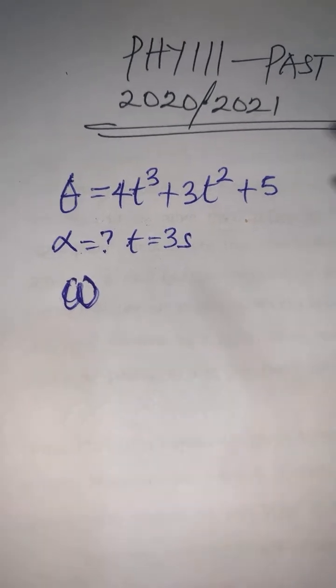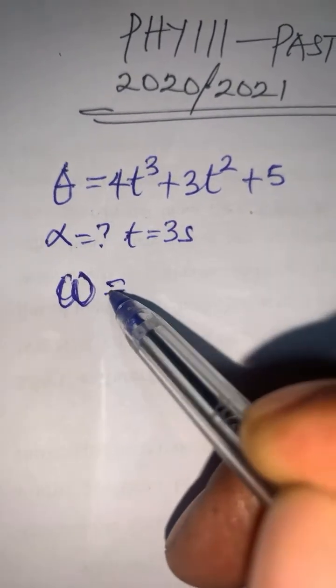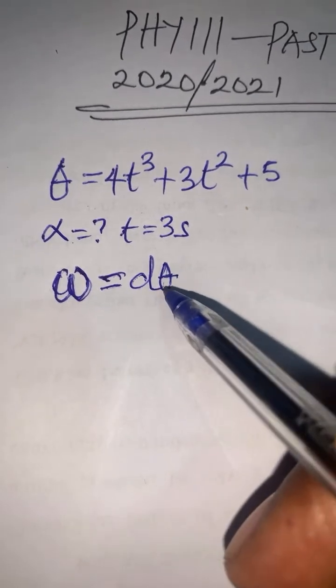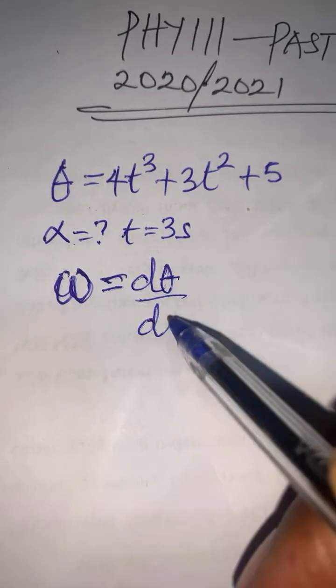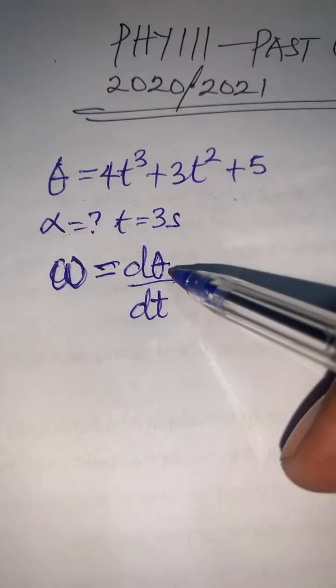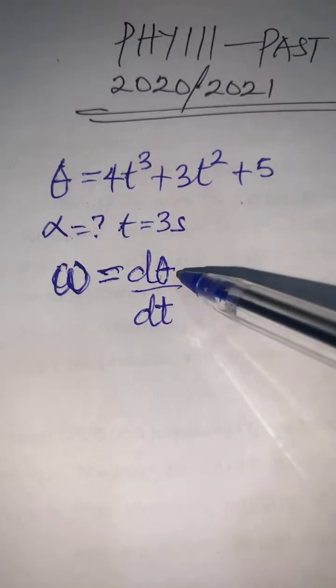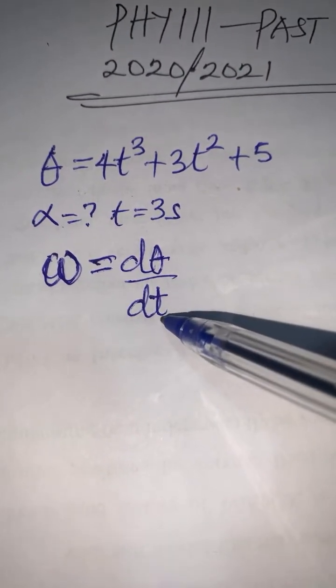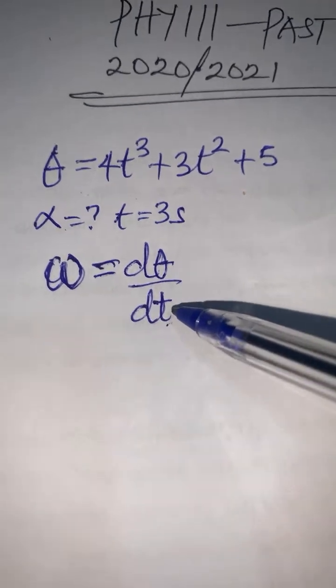You know about it, right? It talks about the angle swept. Let's use the usual one that you know: the change in the angular displacement with respect to time. Okay? So that's what it means.